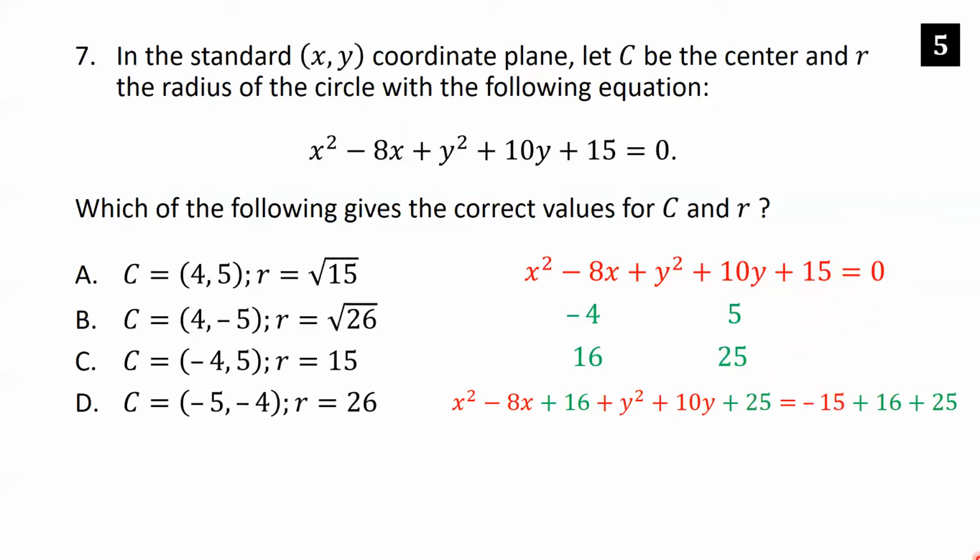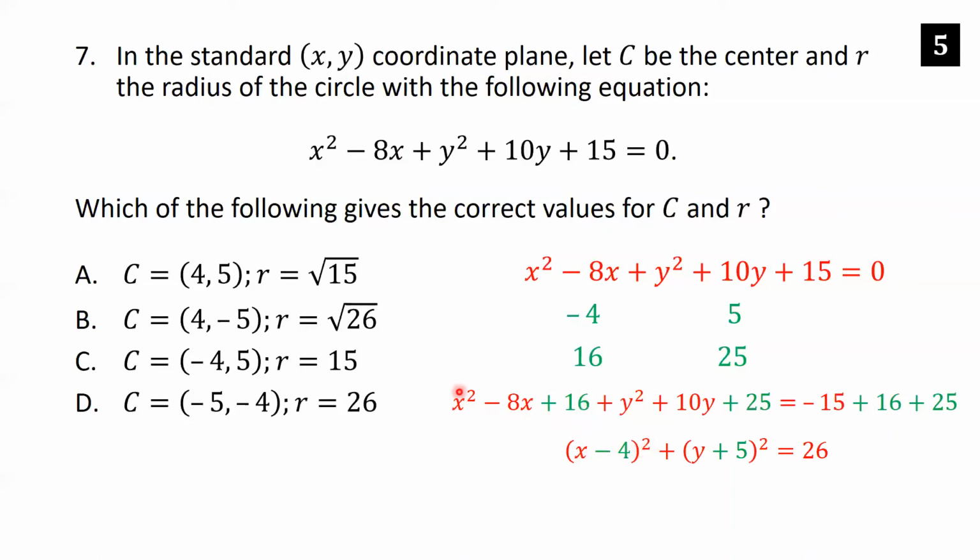Now, on the left-hand side, what we wind up with are two perfect squares. x squared minus 8x plus 16 is a perfect square, and y squared plus 10y plus 25 is a perfect square. In fact, x squared minus 8x plus 16 factors as x minus 4 squared.